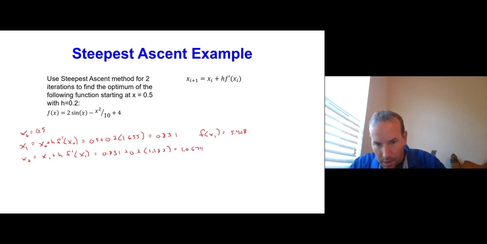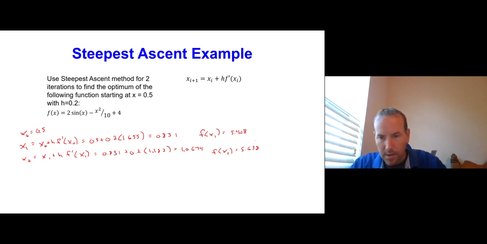So there's a dot there. And so this is our x location now, guessing for where the maximum is. And if we plug that into our function, we get that f of x2 is 5.638.